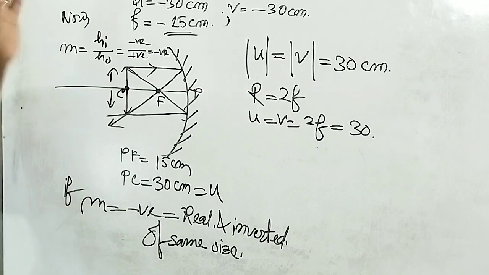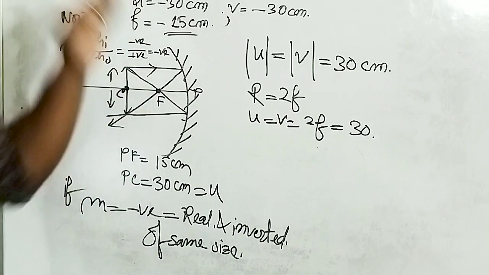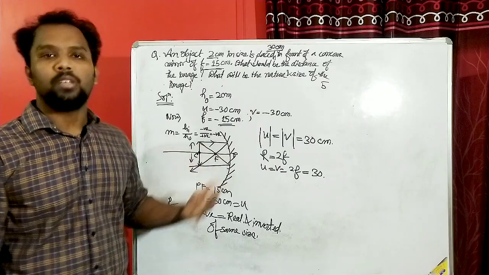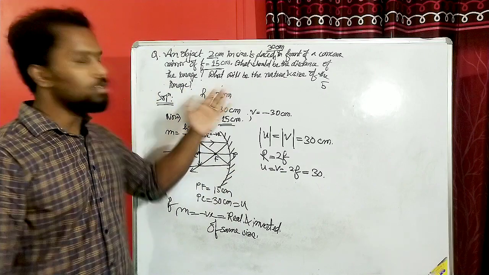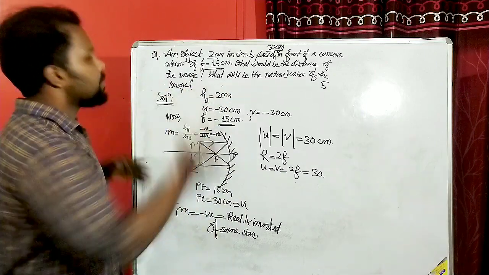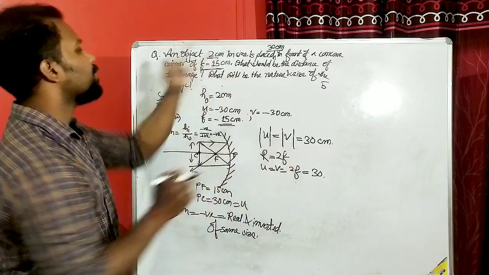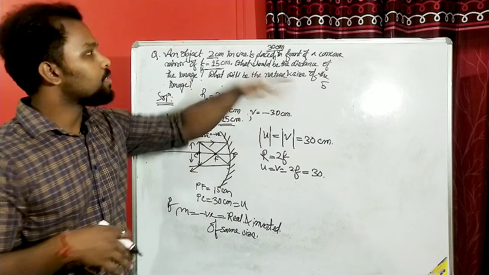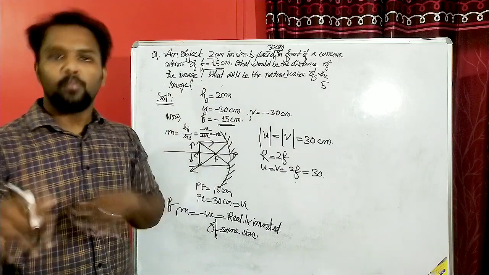So these are the 5 formulas that we have discussed, and these 5 questions usually come in the board exam. Not the direct question, but this type of questions. They will just rearrange the values. They will change the values from 15 to 20, 15 to 10, sometimes 15 to 5. They will change the mirror from concave to convex, from convex to concave.